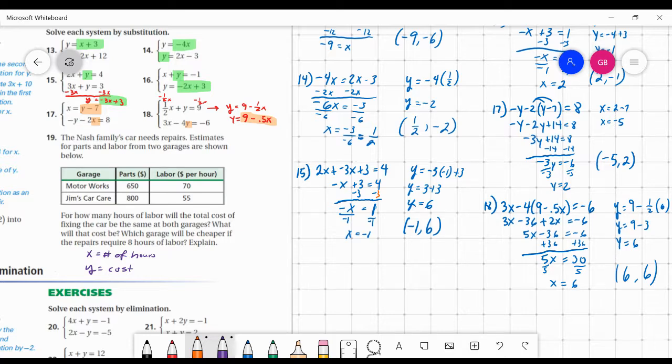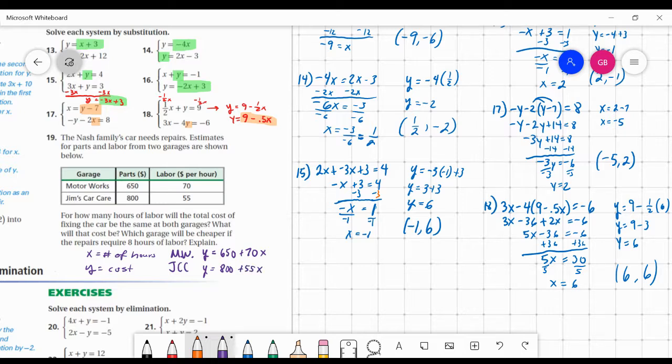So for Motorworks, to get the cost, you need to pay for the parts, which is $650, and then $70 per hour, so 70 times x. For Jim's Car Care, the cost is $800 for the parts, and then $55 per hour, so 55x.